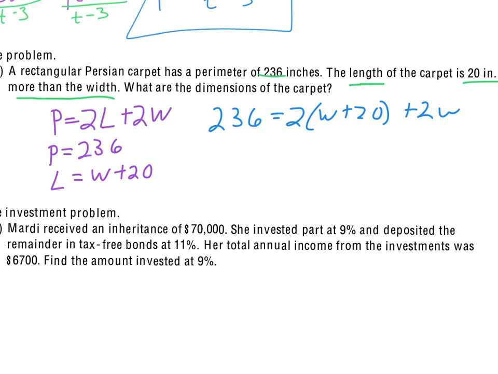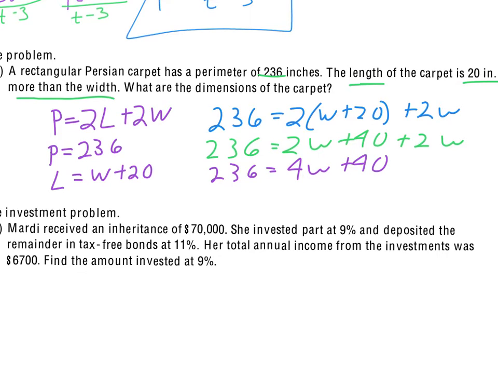We do need to distribute the 2. When we do that, we get 2w plus 40. We would combine the 2w, which would give us 4w. And then we would subtract the 40 from both sides.